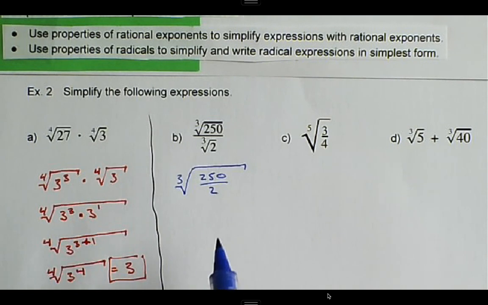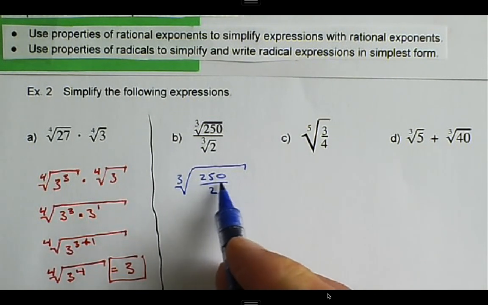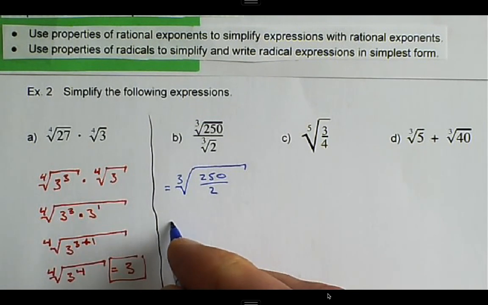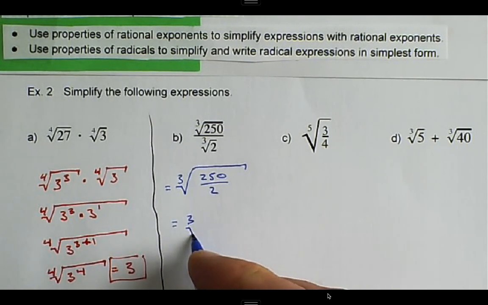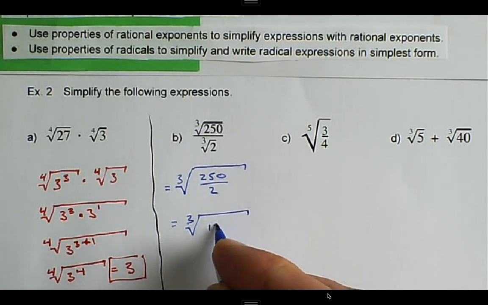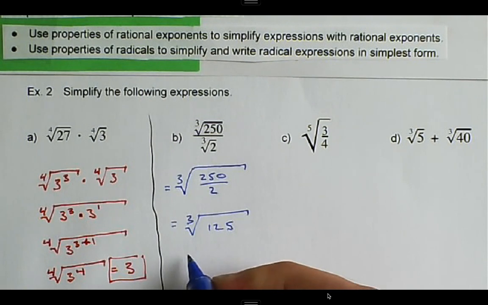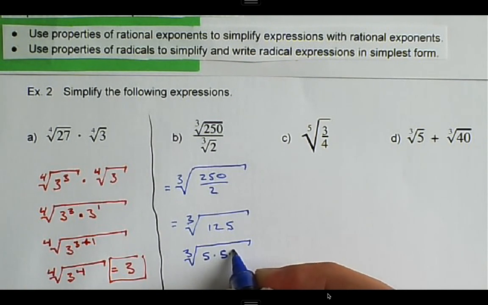In this case, that helps us out because we can actually do this math. 250 divided by 2, we know what the answer to that is. And so we have the third root of 125. And we know that the third root of 125 is 5. Or we can rewrite this as the third root of 5 times 5 times 5.